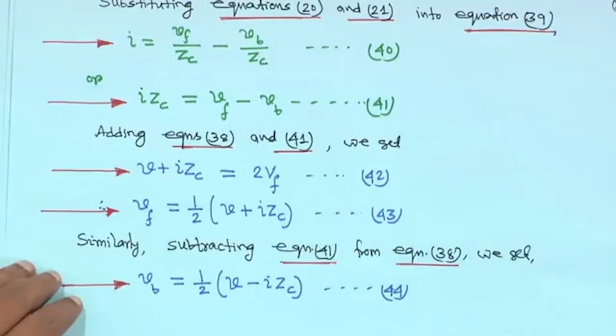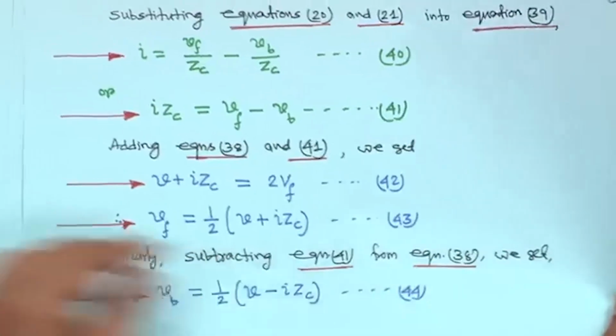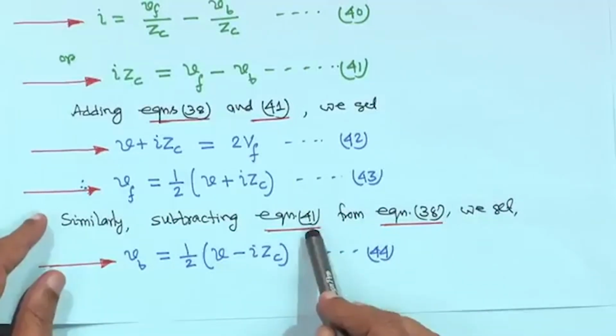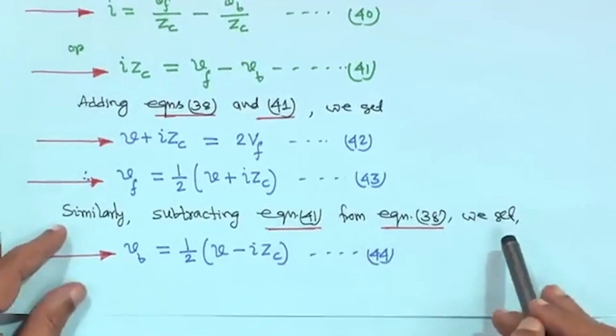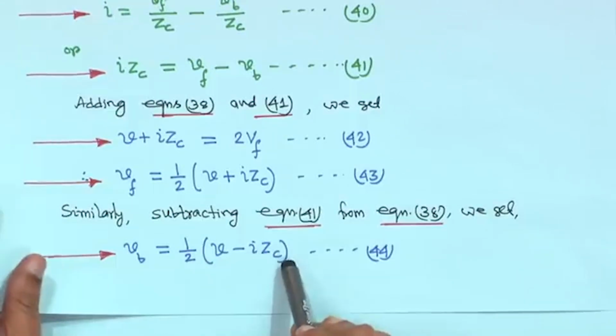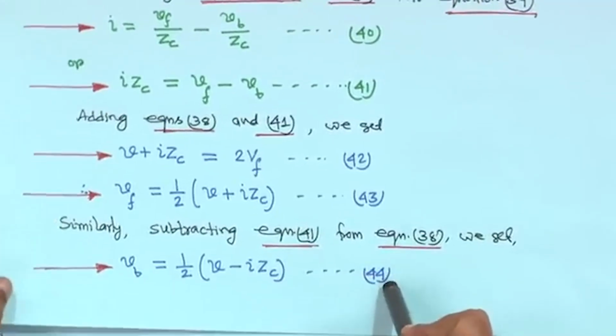Similarly, you subtract equation 41 from equation 38. I am not doing it for you, it is understandable. Just simplify, and you will get Vb equal to half of V minus I into Zc. This is equation 44, right.